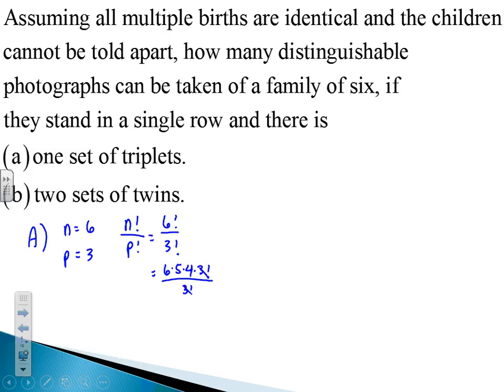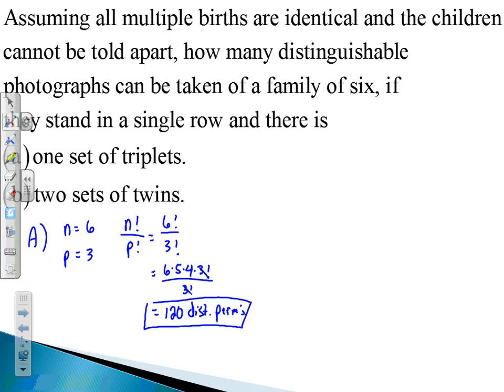So those two things simplify, and that means I have 120 distinguishable permutations here. So there's 120 ways that we could arrange the 6 individuals in the family that are different from the original. And that's what a distinguishable permutation is.